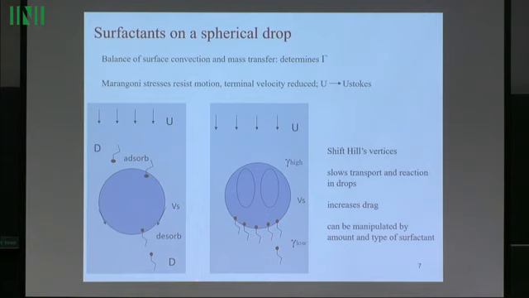And so if that transport, that mass transfer to and from the interface, is slow compared to surface convection, then you can accumulate molecules at this trailing pole. And if you accumulate molecules at this trailing pole, surface tension here will be low, surface tension here will be high, and the surface will pull in the opposite direction of the surface flow.